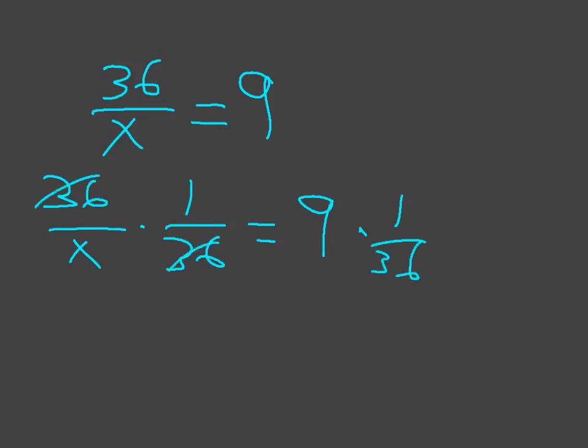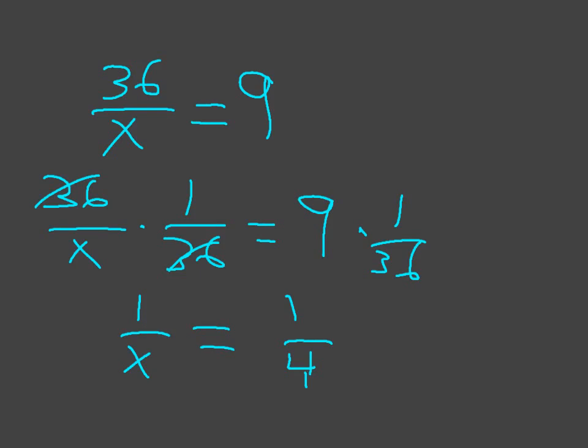So the 36 is to cancel, but this is 1 divided by x. So now we have 1 divided by x is equal to 9 divided by 36, which is 1/4. Okay, so that's where we made our mistake here, is that before on the left-hand side over here, we just had x, whereas what we really wanted was 1 on x.